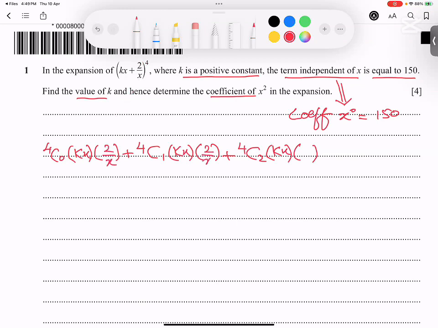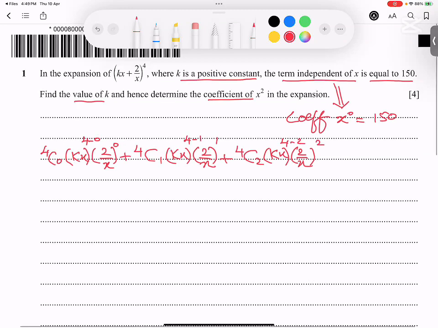The difference of 4 and 0 will come on the top, 4 minus 0, and 0 will come directly here. Same way, the difference of 4 and 1 comes here, and 1 comes here, then 4 minus 2 and 2.